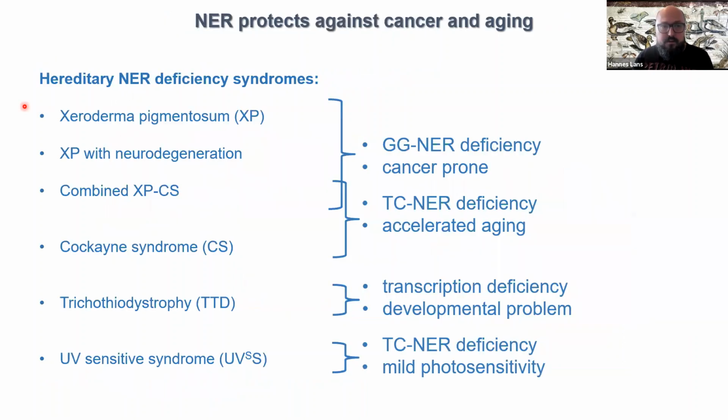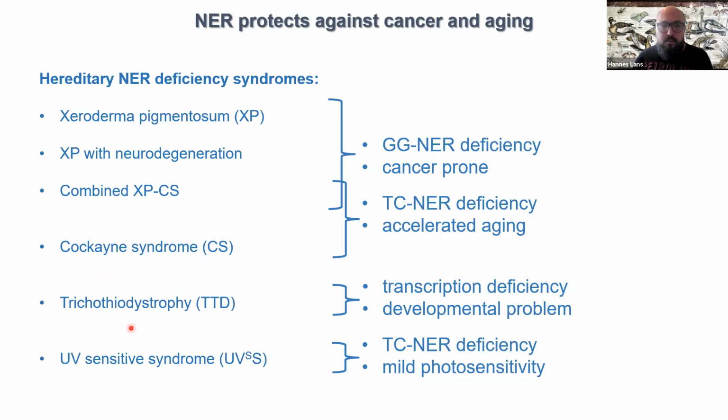There's also other types of disease associated with nucleotide excision repair deficiency. So not only xeroderma pigmentosum or Cockayne syndrome, but also combined forms of this disease. Patients that have a mutation in a downstream gene that functions in both pathways have this combined xeroderma pigmentosum Cockayne syndrome complex. There's also another disease called trichothiodystrophy, which can also be combined with xeroderma pigmentosum.